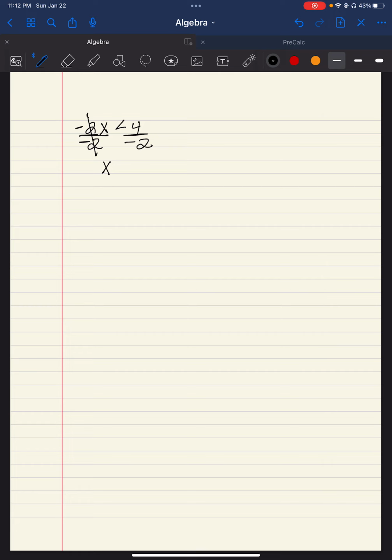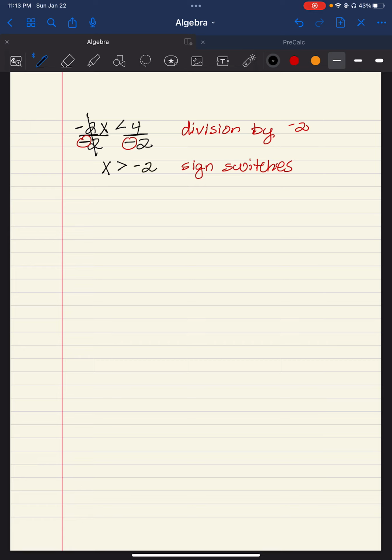So instead of this being a less than sign, because we divided by these specific negative numbers, this was division by a -2. The sign switches, and we went from a less than sign to a greater than sign, and this becomes x is greater than -2.